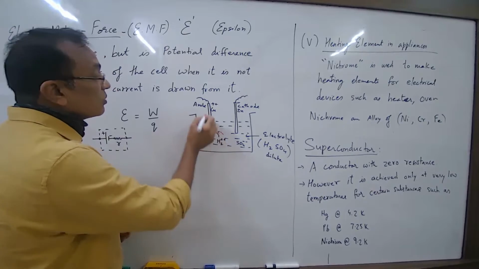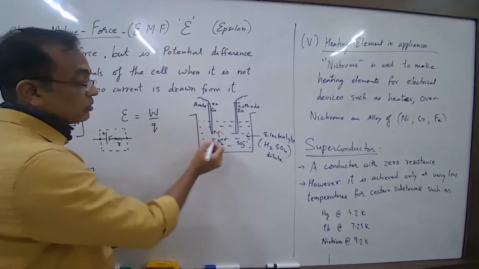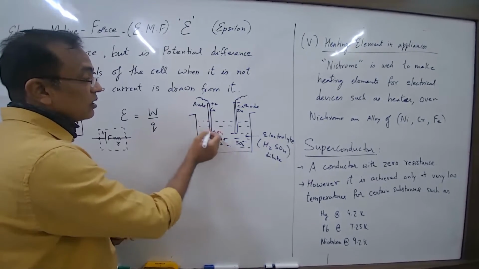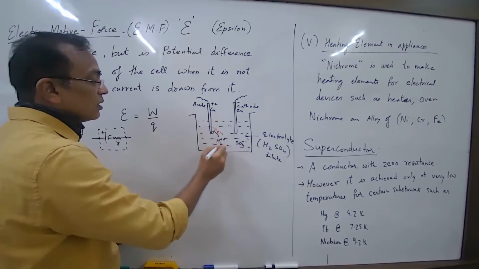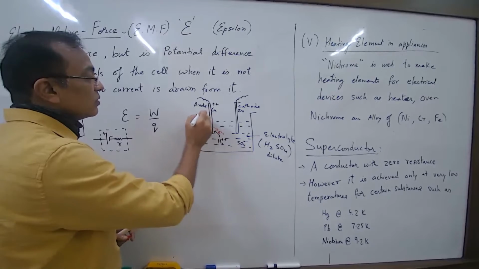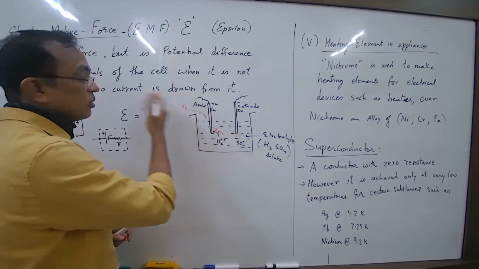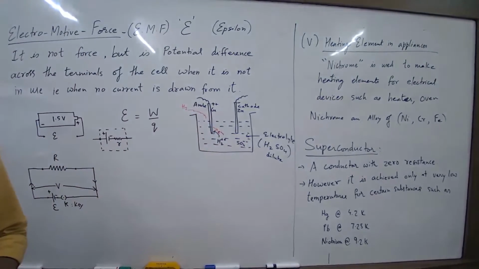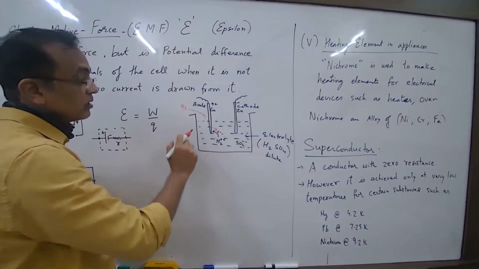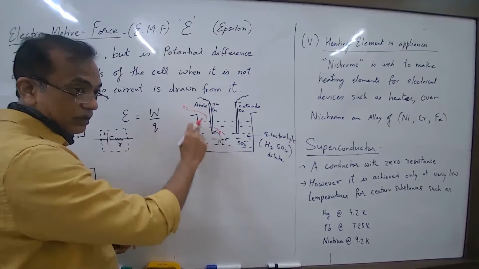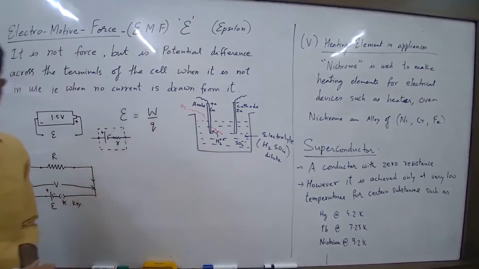Hydrogen ion will react with copper, so these electrons will come here. Then this will become hydrogen gas, so H2 gas will come out. So how are these charges created here? Due to chemical reaction between the electrode and electrolyte.